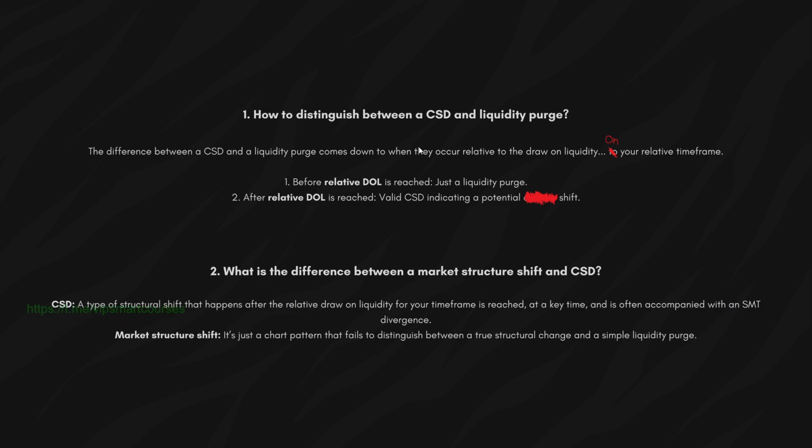This means that if price rejects below a low or rejects above a high before the relative drawn liquidity is reached, then that would be regarded just as a liquidity purge. But if that rejection below the low or above the high occurs after the relative drawn liquidity is reached, then that would be considered a valid CSD that would indicate a potential shift in the structure.